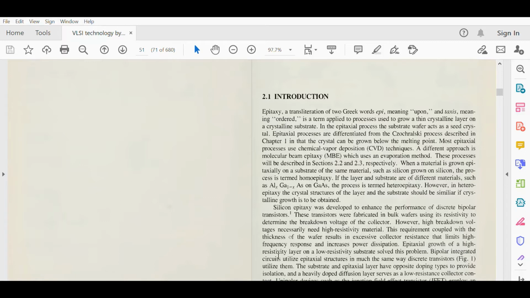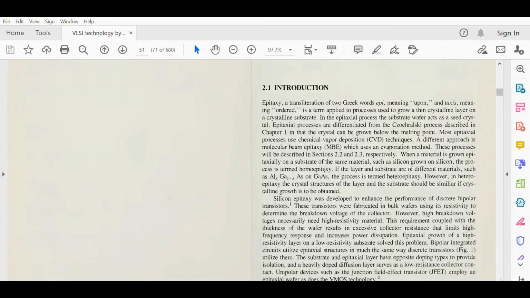Bipolar integrated circuits utilize epitaxial structures in much the same way as discrete transistors. We will see the figure on the next page. The substrate and epitaxial layer have opposite doping types to provide isolation.